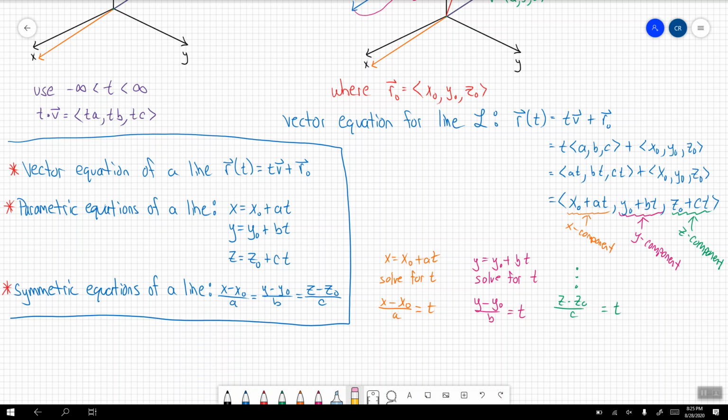So at any given point in those chapters, we might be given the vector equation of a line, and we must know how to interpret that. We might be given the parametric equations of a line, and we must know how to interpret those. Or we might be given the symmetric equations of a line, and again, we have to know how to work with those.